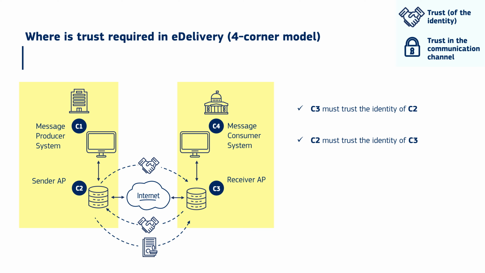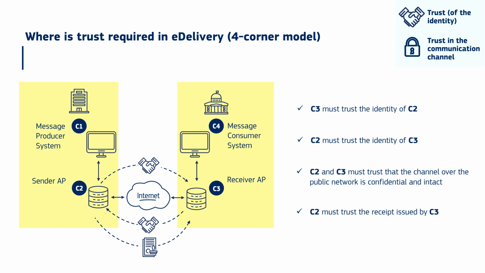In addition to trusting the identity, confidentiality, and integrity of the eDelivery communication must also be trustworthy. Both access point participants, corner 2 and corner 3, must be able to trust the communication channel they use. And corner 2 needs to be able to trust the authenticity of the acknowledgement of receipt from corner 3.